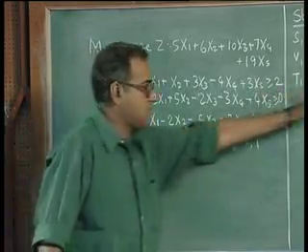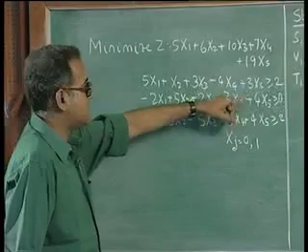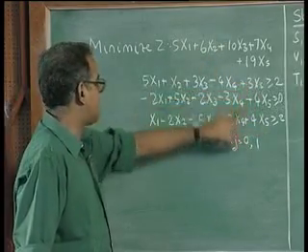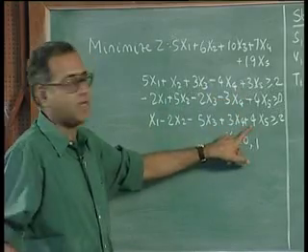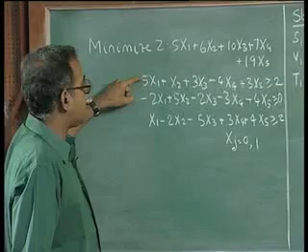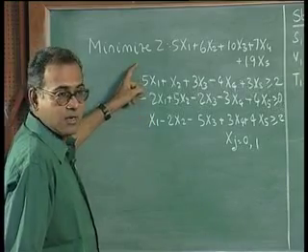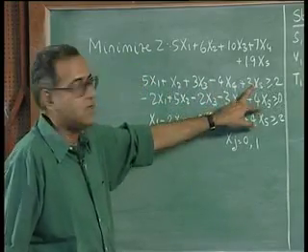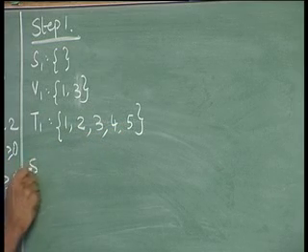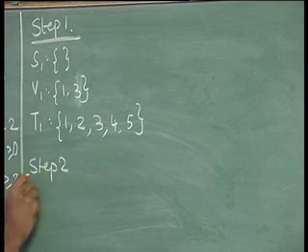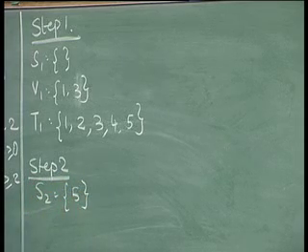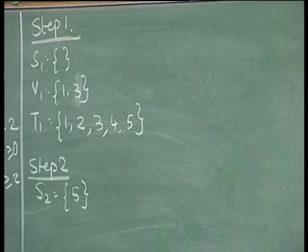We could fix any one of them to 1, but we would still choose variable x5 because it has a positive coefficient in both, and perhaps the sum is the biggest. For example, variable x1 also has positive coefficients in both, but this has a larger sum. So, let us assume that we fix 5 first. Your step 2 will have S2 equal to 5, indicating that variable x5 is fixed to 1.